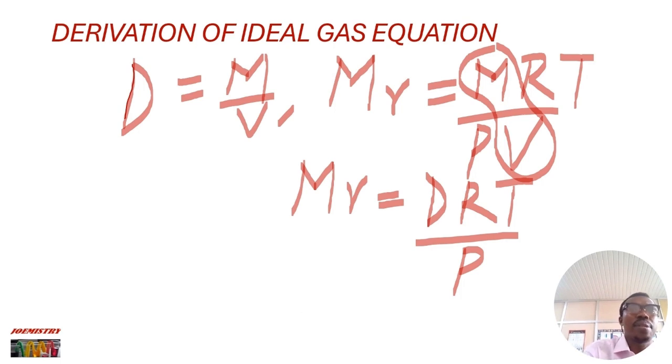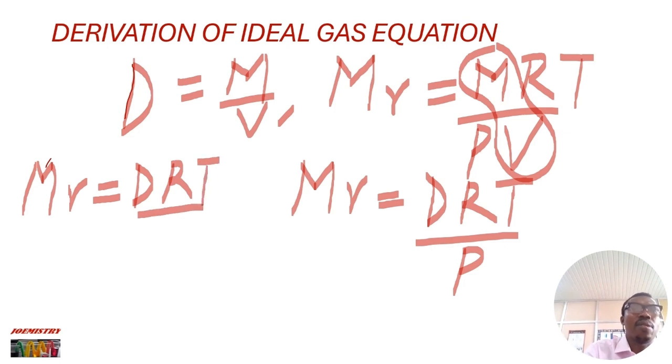So molar mass is equal to density times the gas constant times temperature over the pressure.